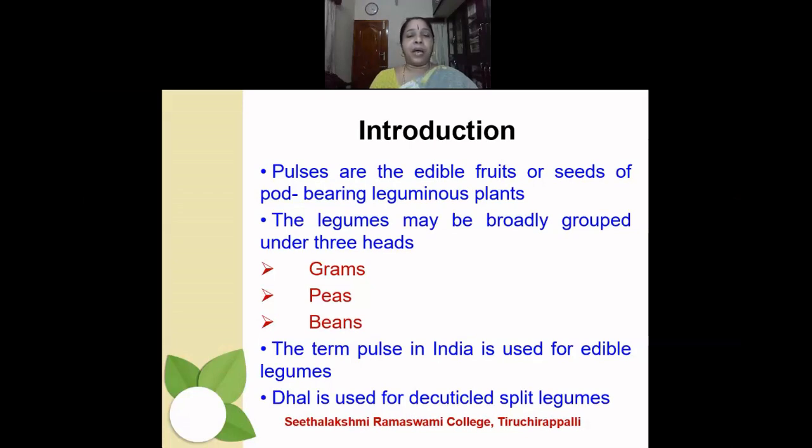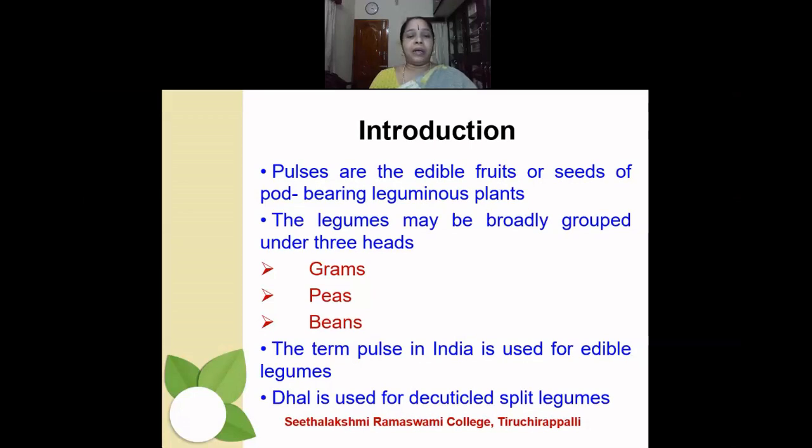Sometimes we also consume them as a dal, like the green gram dal, the red gram dal or the Bengal gram dal. When we consume them as the whole legume, they are called the gram. And sometimes we also consume them as dal.